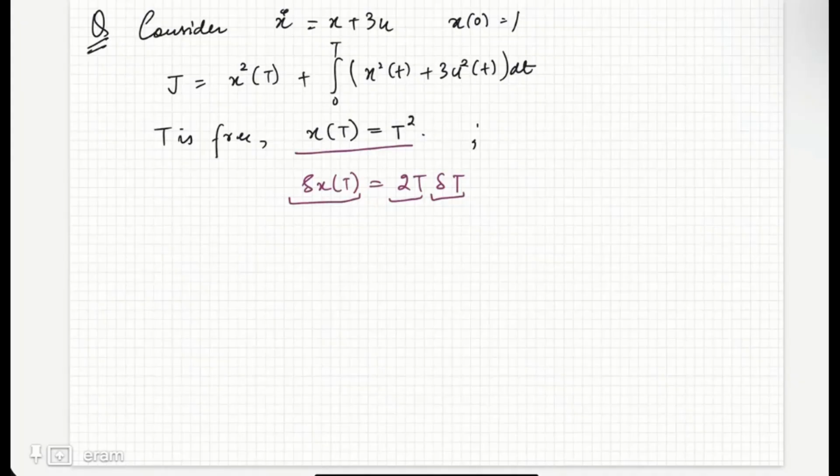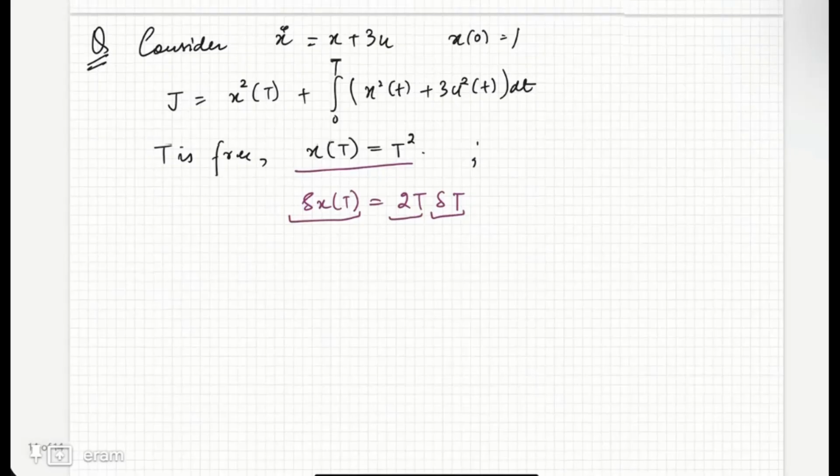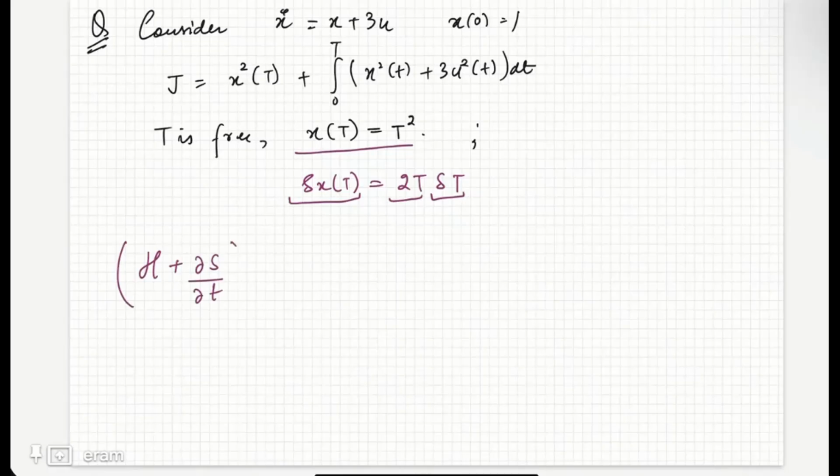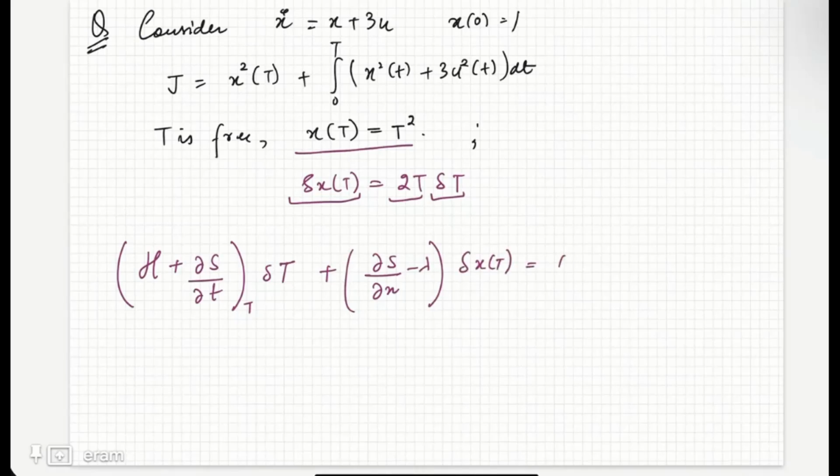Now this will be helpful in solving our boundary condition, the variation condition of J. So we know that at the optimal solution, the boundary condition gives us this condition, obviously at t delta t, plus lambda delta xt. This should be 0.